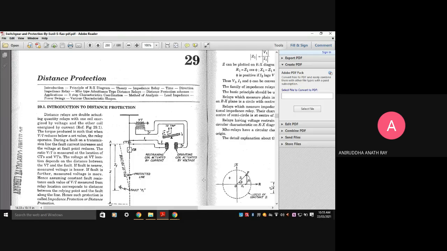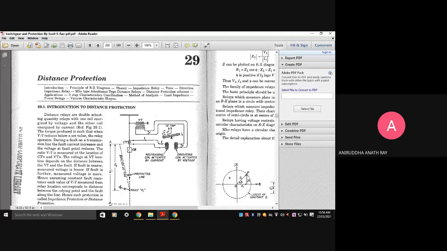So the ratio V by I is measured at the location of the CTs and the PTs. If the fault is far away, then the measured voltage is more.